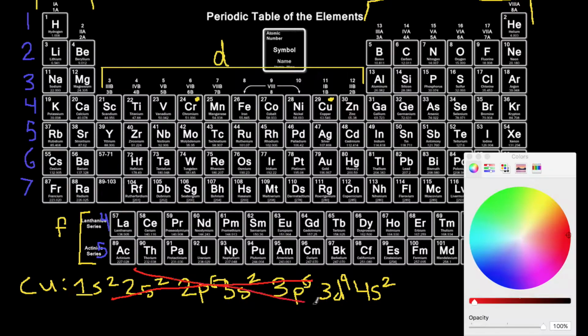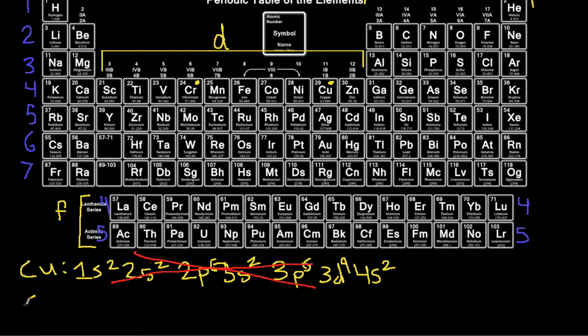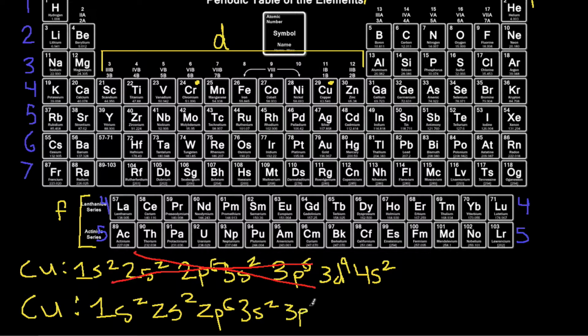Wrong. It's going to behave similarly to chromium, whereby it's going to take one of those electrons from the 4s2 and it's going to become 3d10. So let's write out the full electron configuration. 1s2, 2s2, 2p6, 3s2, 3p6.